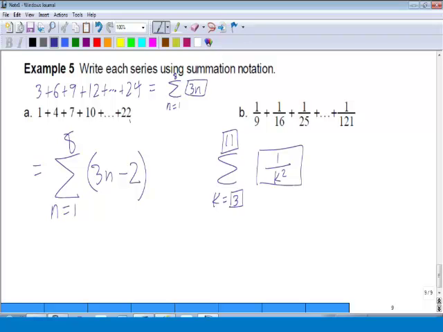Now suppose we didn't like the k, and we also didn't like the fact that we were starting at 3. Suppose instead we want to use j, and we want to start at 1. Sometimes we want to start at 1. How far are we going to go? What's the upper limit in that case? How many terms are there?